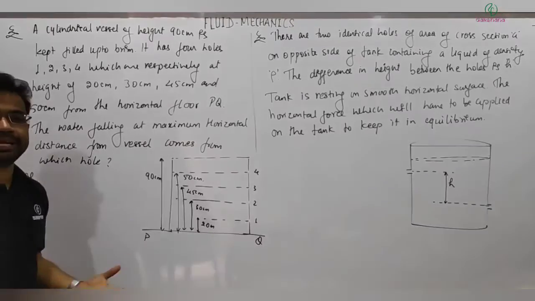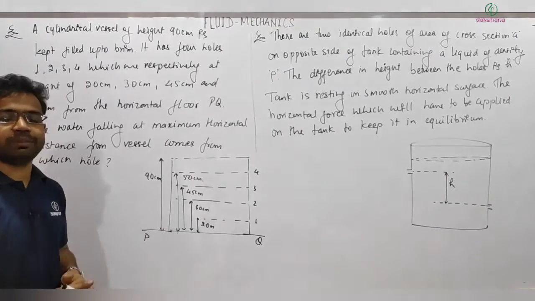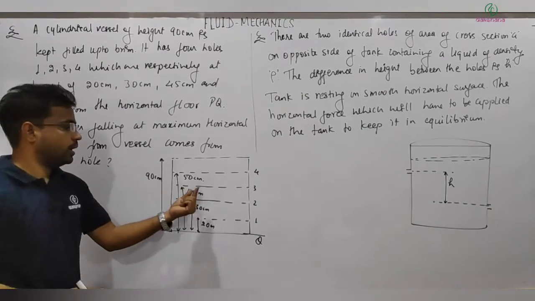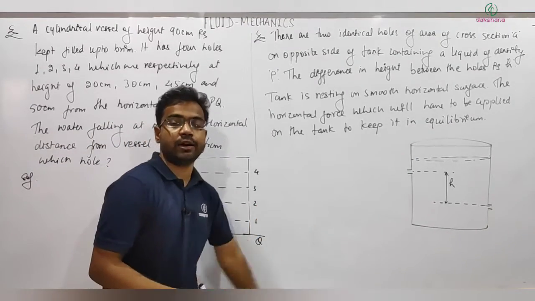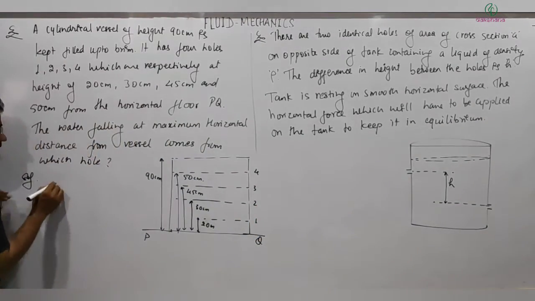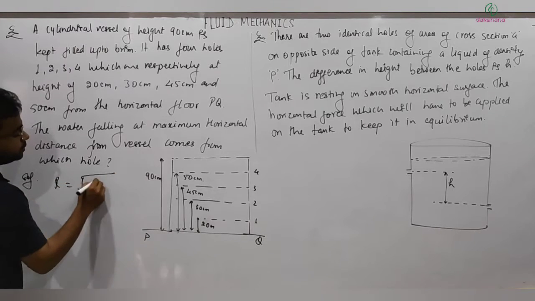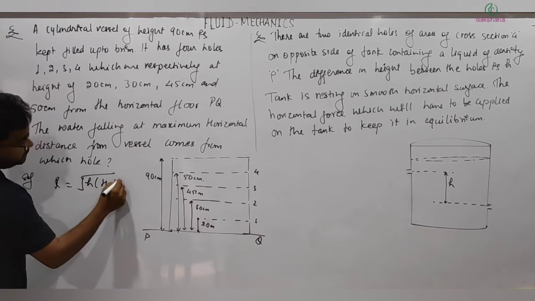So this is a simple application of the last topic we discussed, velocity of efflux and then time to fall and the horizontal range. So we derived the result R is equal to under root h into (H minus h).